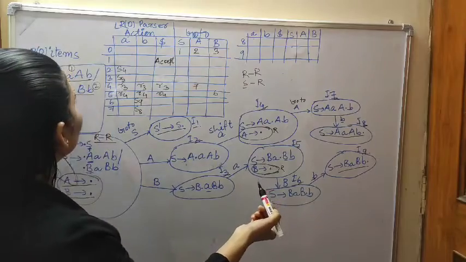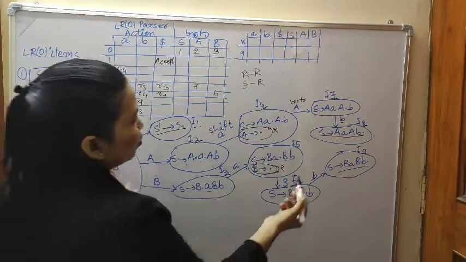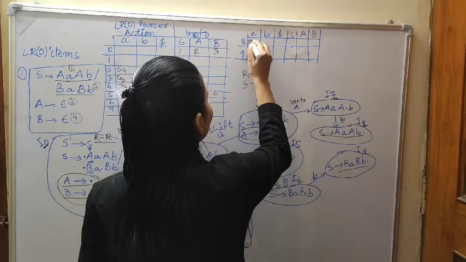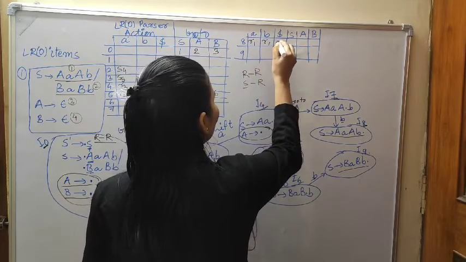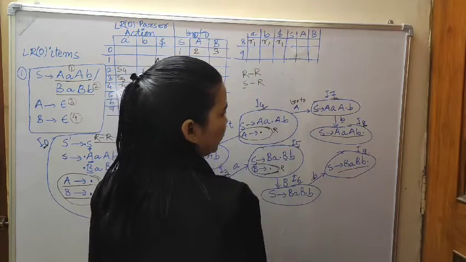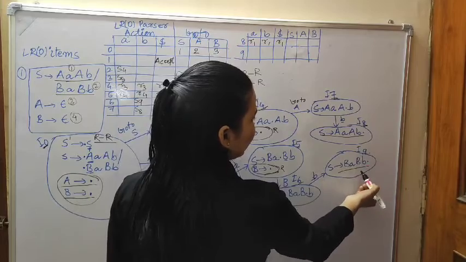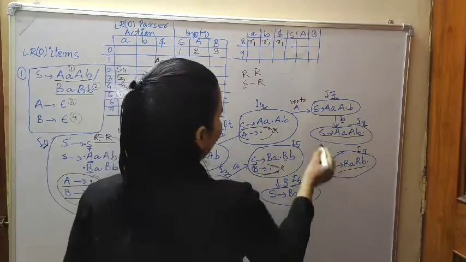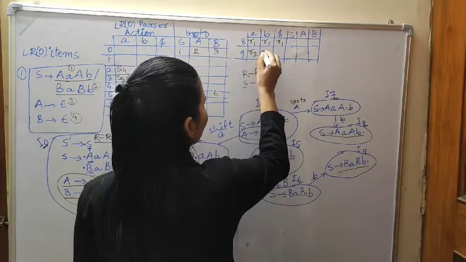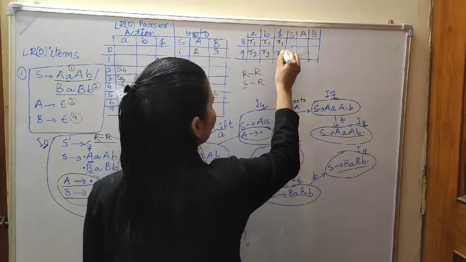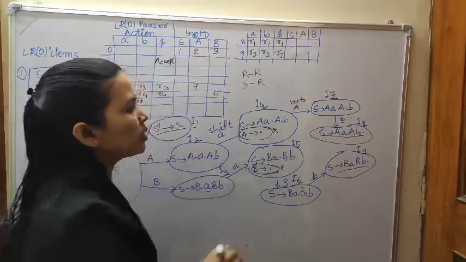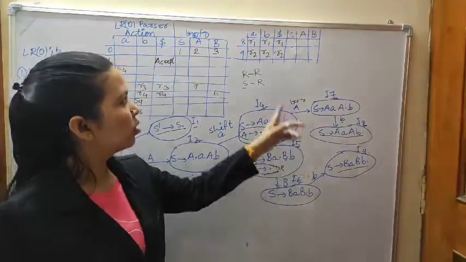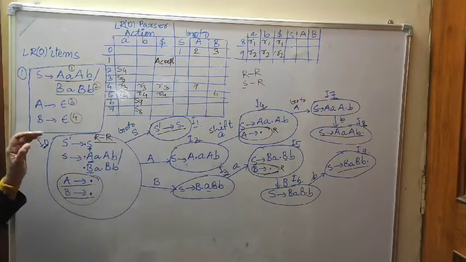S to AA, that means it is reduction number 1. Which number state? 8. In the 8 number state, right? R1, R1, R1. Now in the 9 number state also we will write which number production rule? 2. So then write R2, R2, R2. Yes. So this is the production rule.